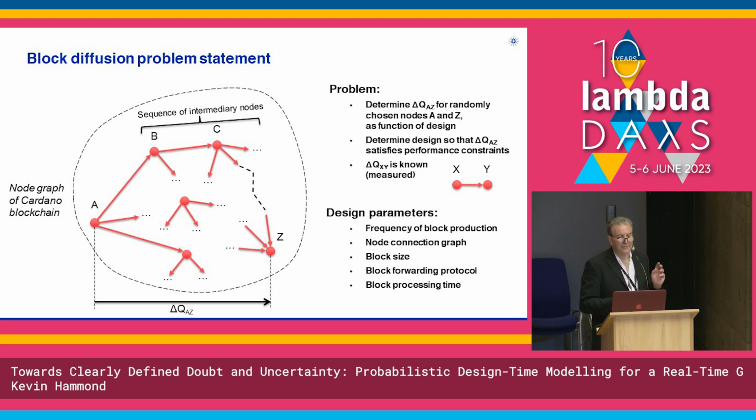There are several parameters in the design, and I've just listed a few of these. These include things like how frequently do you produce blocks. So Cardano produces blocks overall every 20 seconds. It's actually producing blocks every second and selecting only 1/20th of them.